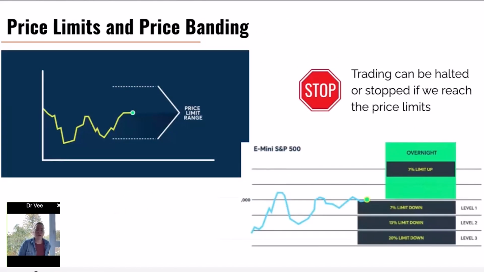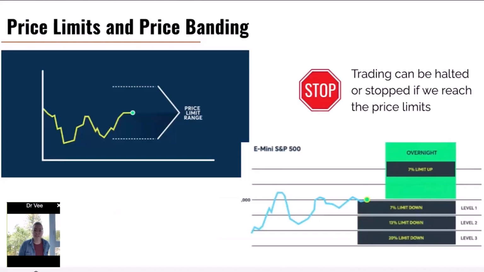So a quick slide here about price limits and price banding, because we saw that, I think it was in early April, that NASDAQ flushed down like crazy a little bit before the close, and the market was halted. So as a trader, you want to know the market is fair and orderly.